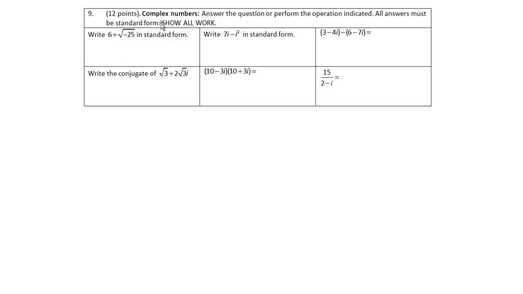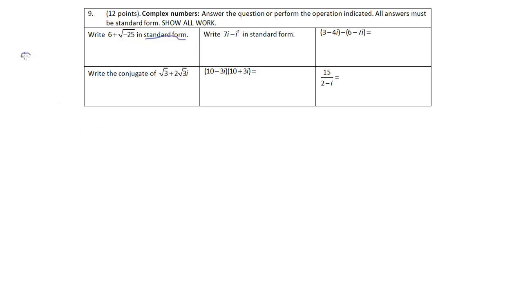One of the things you need to do, covered in this question 9, is perform operations on complex numbers. All answers must be in standard form. So standard form is a plus bi.